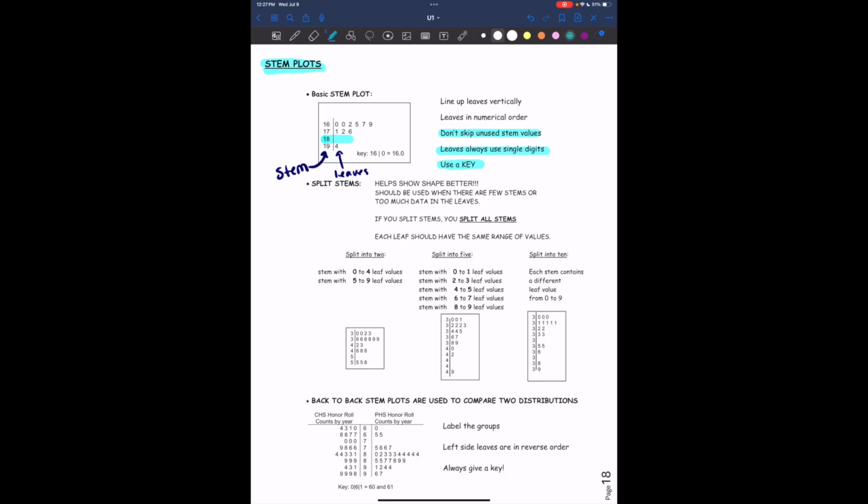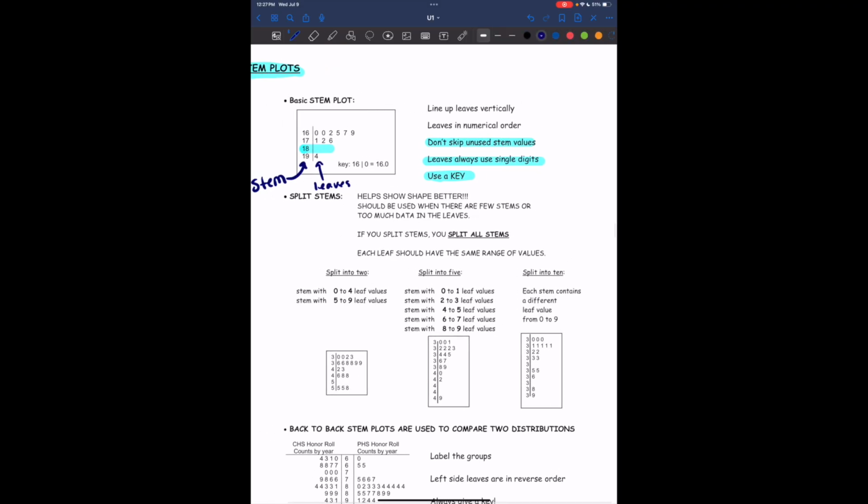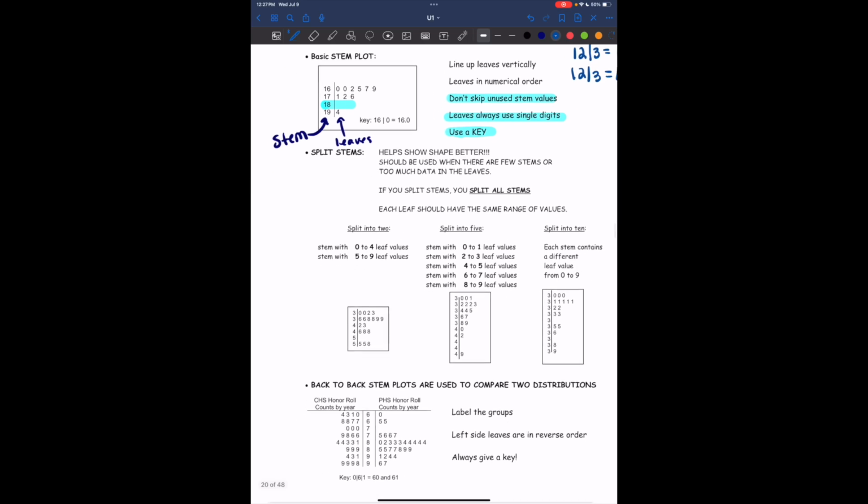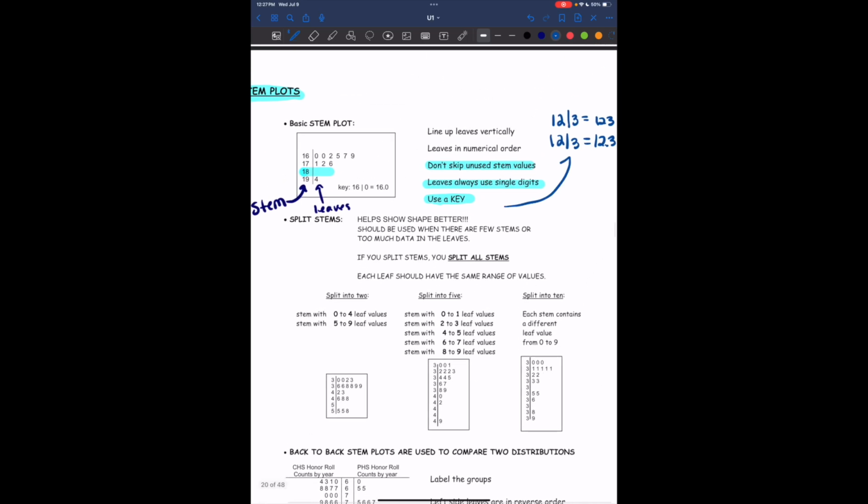So you could make a key where something like that could represent 123. You could have something like that, and that could represent 12.3. It really just depends on what you want.